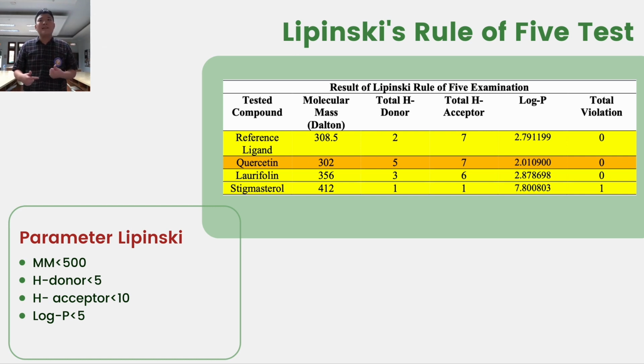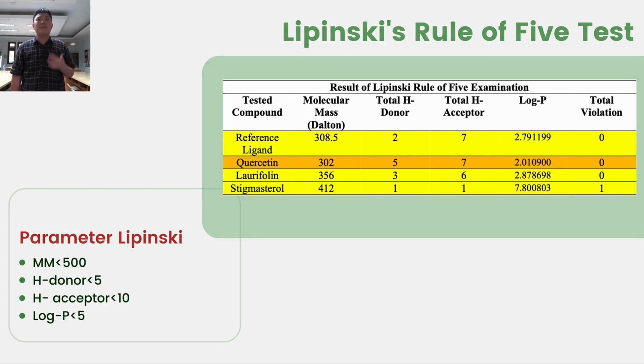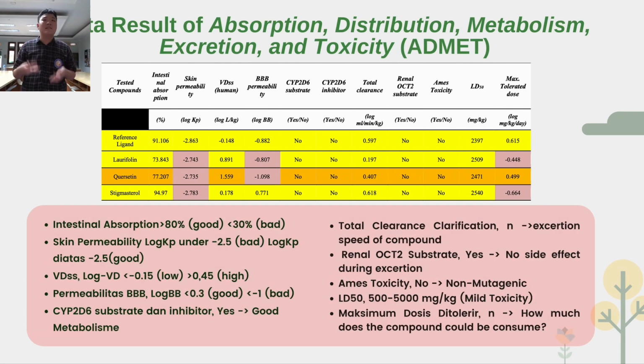The reference ligand, as the competitor to the other compounds, has 0 violations. Meanwhile, compared to quercetin, laurifolin, and stigmasterol, only stigmasterol violates 1 parameter, in the log P, which is above 7. This means that quercetin, laurifolin, and the reference ligand are safe to be used.